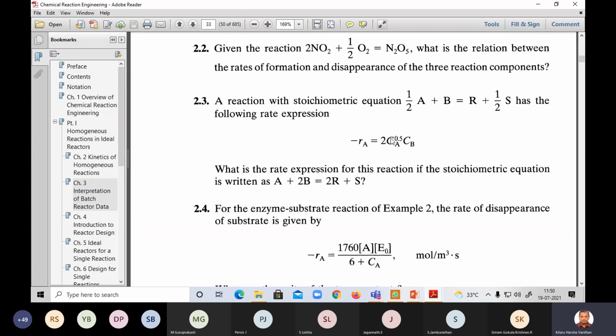Can anyone tell this question? It's a beautiful question. Anyone? It will remain the same. Very good. Why will it remain the same? Because order is independent of the stoichiometric coefficient.